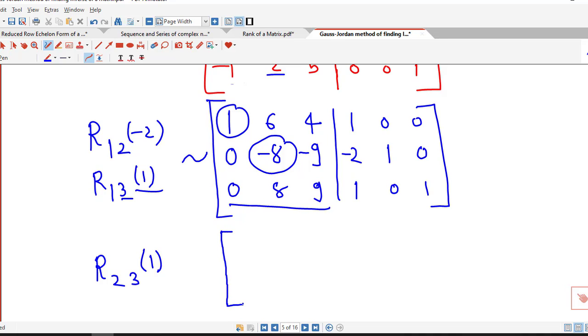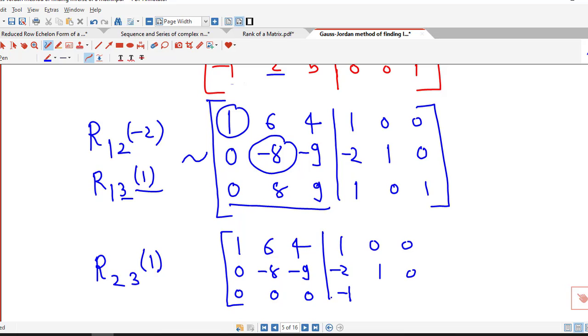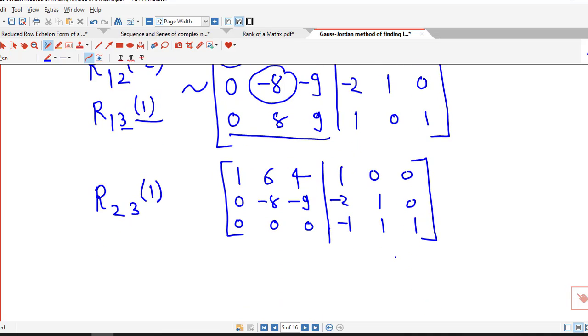So we apply this operation and check. The first and second rows remain as they are: 1 0 0, -2 1 0. Now we add these two, so we obtain 0 0, -8 plus 8 is 0, -9 plus 9 is 0. Here -2 plus 1 is -1, 1 plus 0 is 1, and 0 plus 1 is 1. So here we obtain a 0 row at the bottom of the matrix.